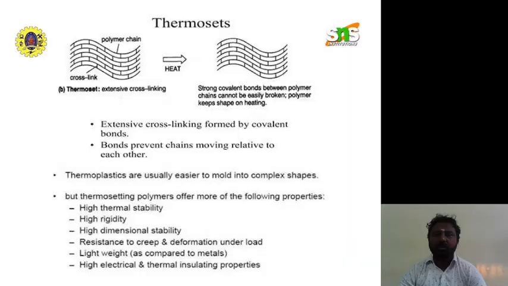Okay, thermoplastics are usually easy to mold into complex shapes, but thermosetting plastics offer more of the following properties. For example, high thermal stability, high rigidity, high dimensional stability, and resistance to creep and deformation under load.